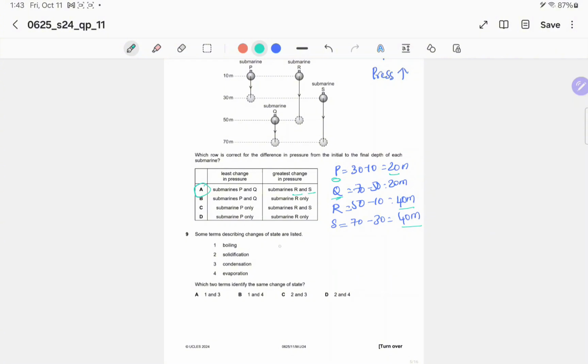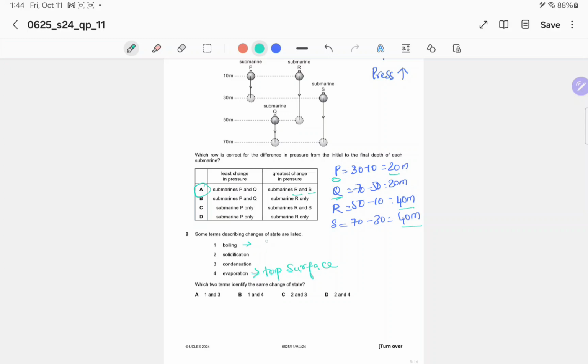Some terms describing changes of state are listed. Which two terms identify the same change of state? Evaporation and boiling look to be similar. Evaporation is the escape of particles from the top surface, whereas in boiling the particles move throughout the liquid.